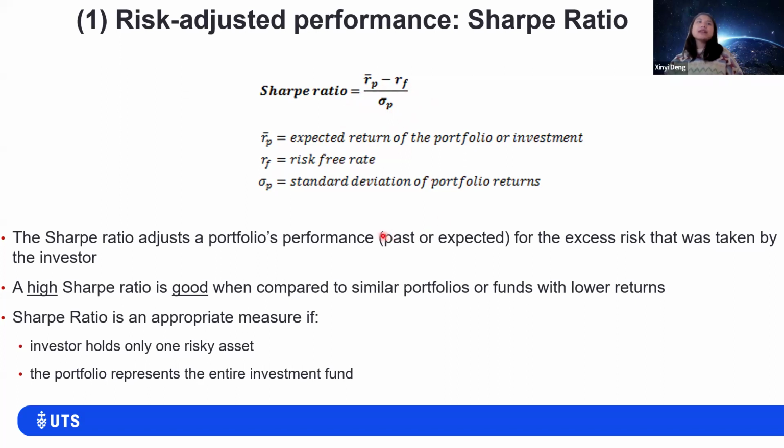Because the Sharpe ratio is associated with the total risk, which is composed of both the systematic risk and the unsystematic risk, the Sharpe ratio is more appropriate when the investor's holdings are not well diversified, so that there exists both the systematic risk and the non-systematic risk.